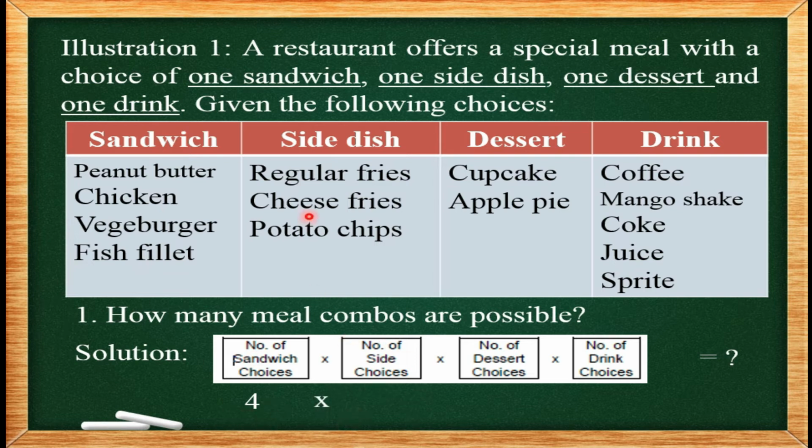Times the number of side choices, 1, 2, 3, that's 3, times the number of dessert choices, where you have 1, 2, times the number of drink choices, that's 1, 2, 3, 4, 5. Multiplying 4 by 3 by 2 by 5, that is equal to 120. Therefore, N of S is equal to 120.